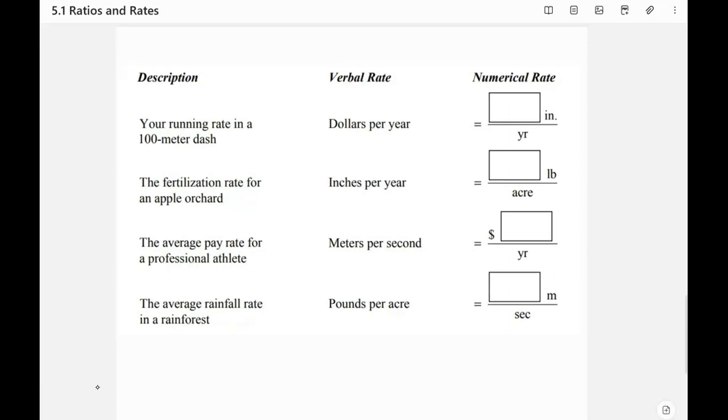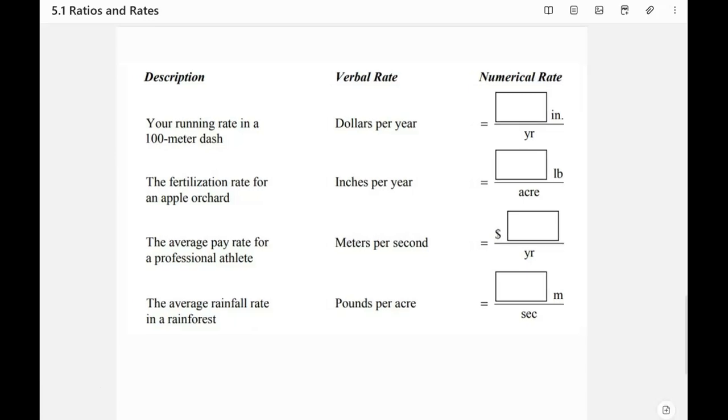Let's look at this next example. In the next example, we have some description, verbal rate, and numerical rate. We're going to figure out how to put each of these together. So for example, your running rate in a 100-meter dash: since it is a 100-meter dash, you're looking for the verbal rate that matches this.